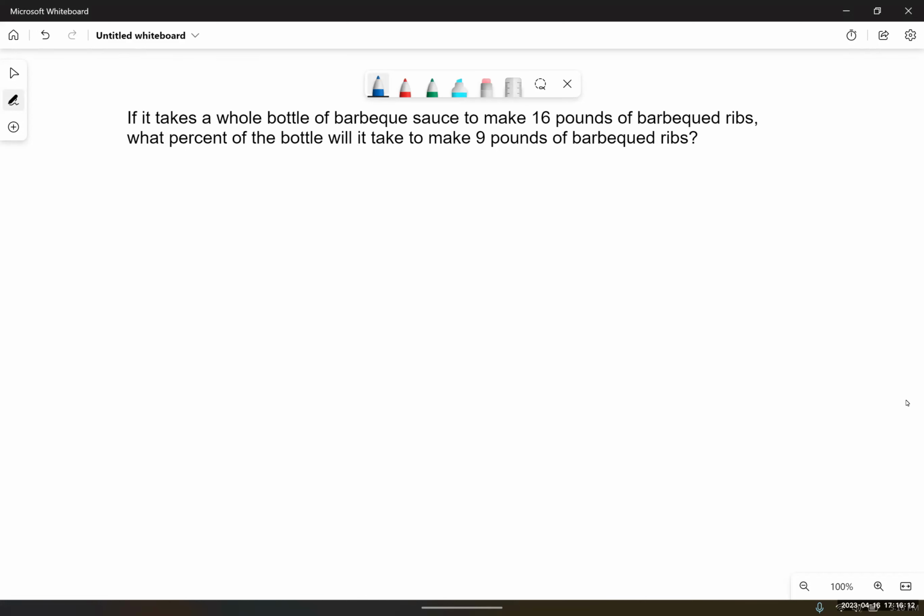Right, so we're given the whole amount. So that's the 16 pounds for the whole bottle. We're given the part, which is the 9 pounds. And the question is, what percent of the bottle will it take to make 9 pounds?